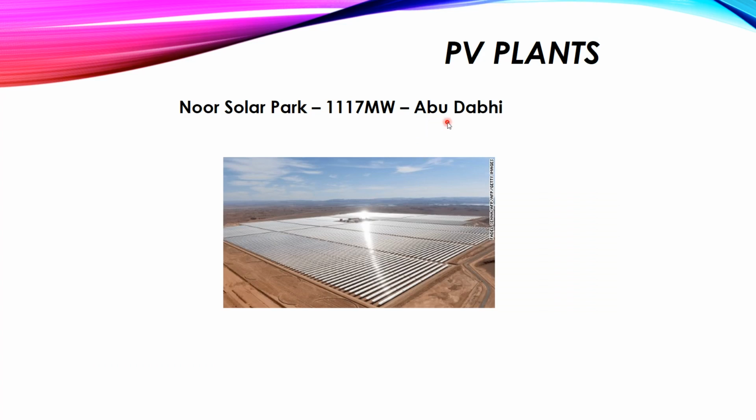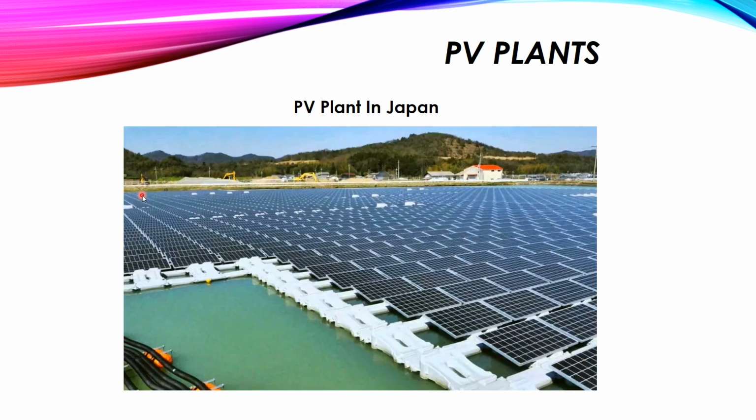Another one is in Abu Dhabi, 1.1 gigawatt. This one is also in the desert, because the desert does not have any population, so we use this empty area to benefit from the sun. This one is called the Noor Solar Park.